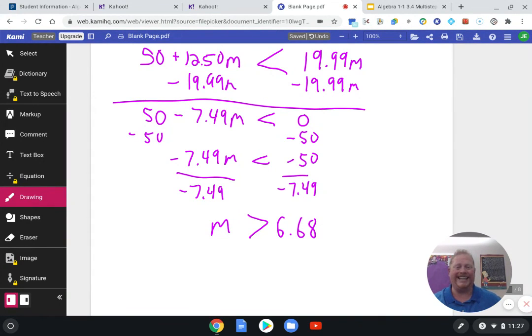Well, it would be exactly 6.68 months. So, because it says m is greater than that, to the nearest month, it would take 7 months for OP to cost more. So if you plan on playing video games for more than 7 months, I wouldn't go with the OP because there'll be more after 7 months. I'd go with the Game Gear.